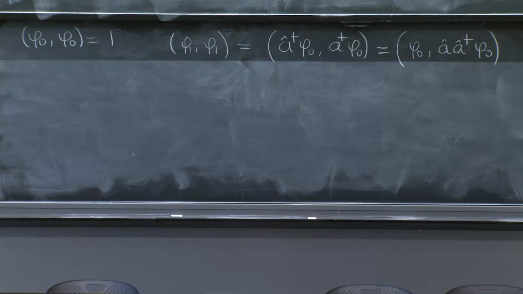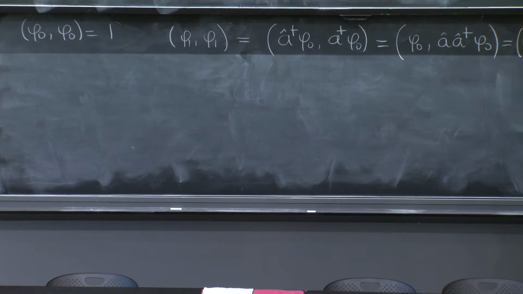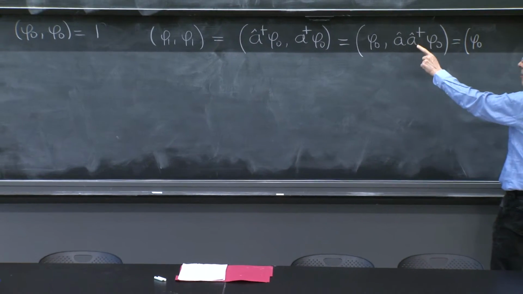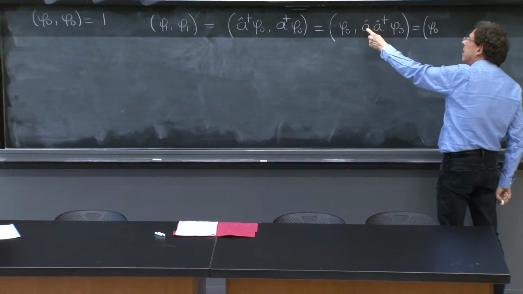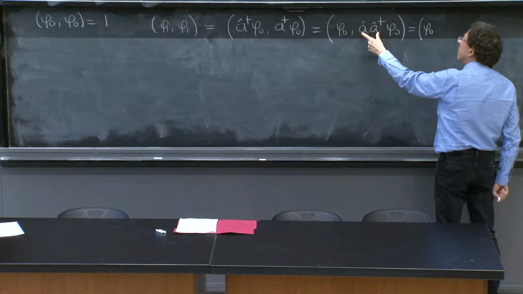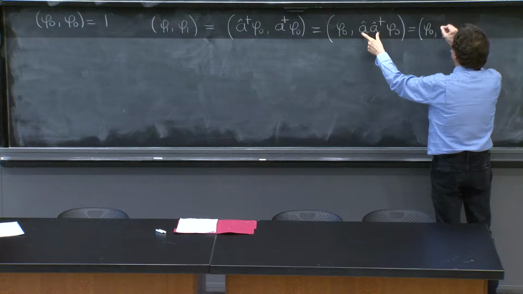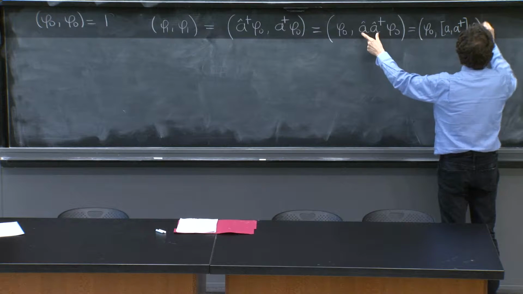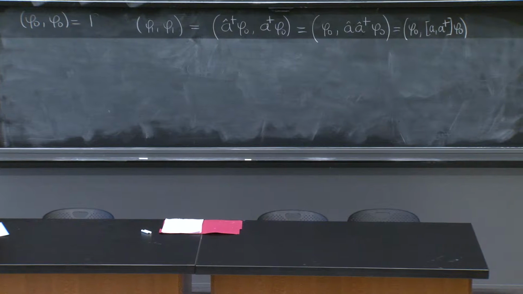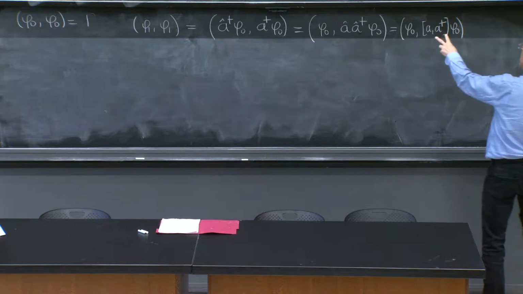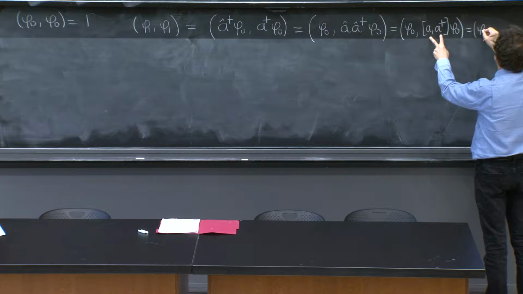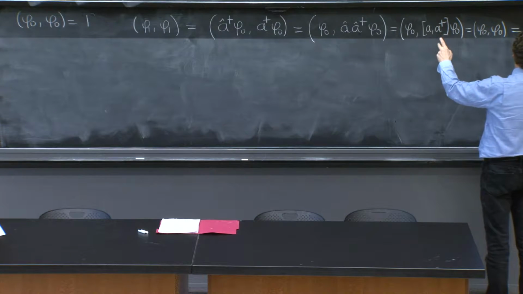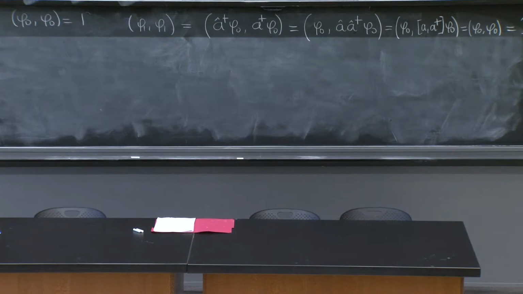Okay. Can I finish the computation in this line? Yes, I think we can. Phi 0, a with a dagger, same story as before. a would kill phi 0, so you can replace that by a commutator. Commutator of a with a dagger, phi 0. But the commutator of a with a dagger is 1, so this is phi 0 phi 0, and it's equal to 1. Yes, it is properly normalized.